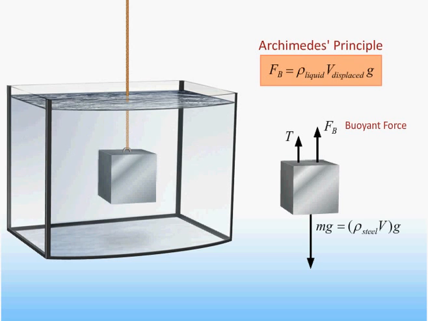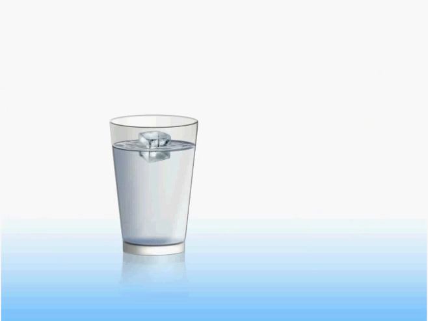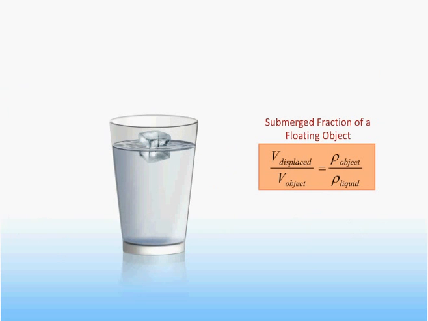In particular, we derived Archimedes' principle that the buoyant force exerted on an object is equal to the weight of the fluid that it displaces. Third, we used Archimedes' principle to determine that the submerged fraction of a floating object is equal to the ratio of the mass density of the object to the mass density of the fluid.